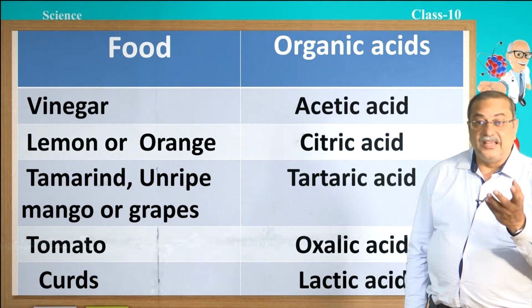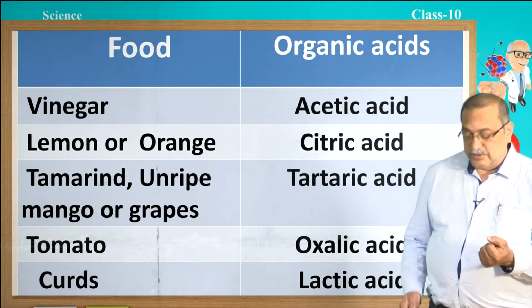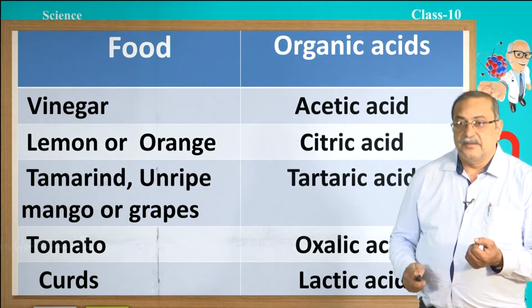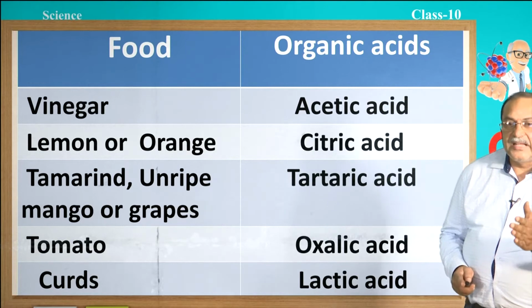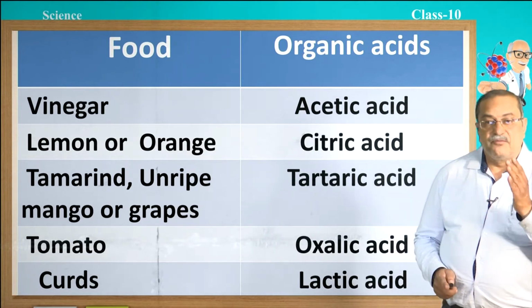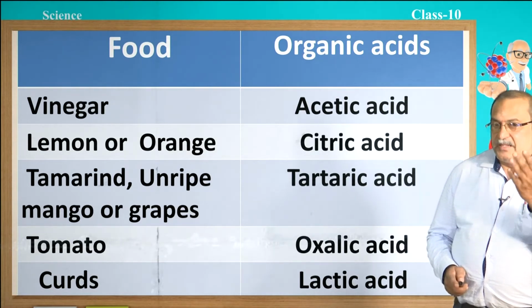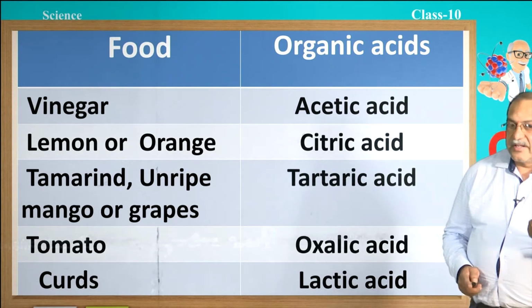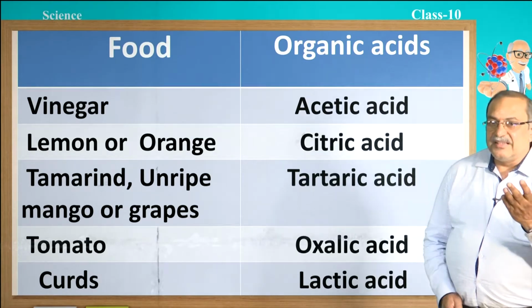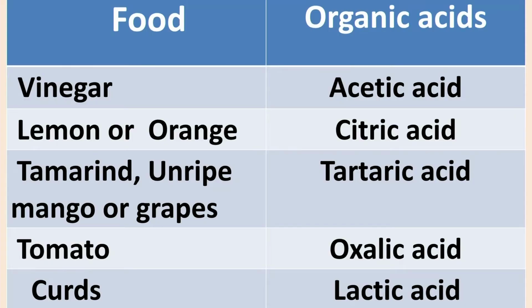Then the curds you use daily have lactic acid. So these are all organic acids present in food items: vinegar, lemon, orange, tamarind, unripe mango or grapes, tomato, curds.